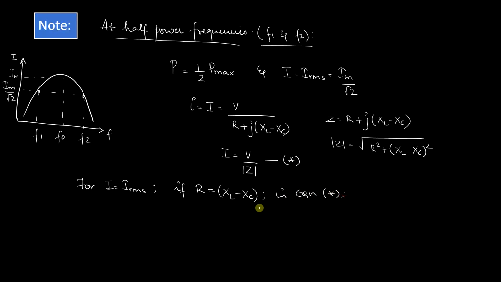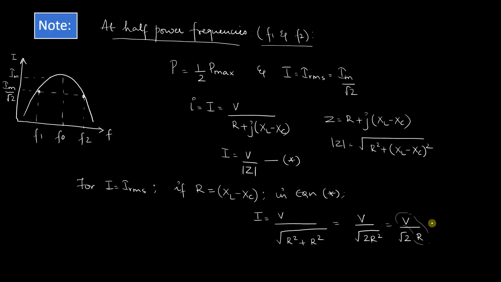So if you see this, I can write this as V divided by square root of R squared plus R squared, if I make R equal to XL minus XC the whole square. Yes or no? And this will be equal to V divided by square root of 2R squared, or V by square root of 2 into R. What is V by R?